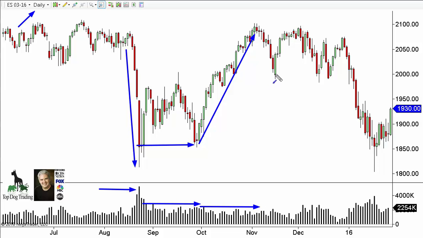Now, what's interesting though, what you don't want to see is this. The market comes back down and then it goes back up and it retests this high. Now, when it retests this high, what happened with volume? Okay, now volume actually went down. So that's not a good sign for the sustaining of an uptrend. In other words, you want it to maintain, but you don't want it to be too dramatic.